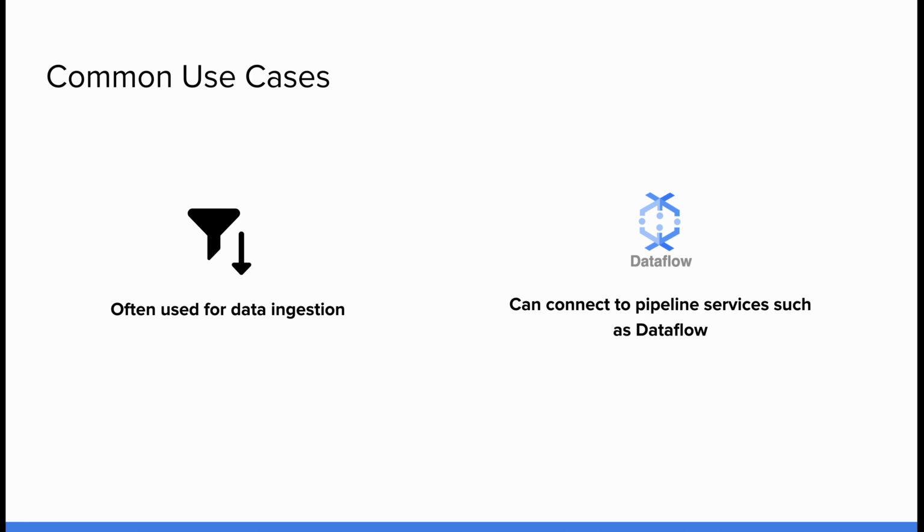It's often used in this way, actually. So once PubSub collects and buffers the data, it can forward the data to Dataflow for real-time processing or transformations, creating an efficient data pipeline. And Dataflow is something that we will cover later in the course as well in more detail. So that's our introduction to PubSub before we go into the details.